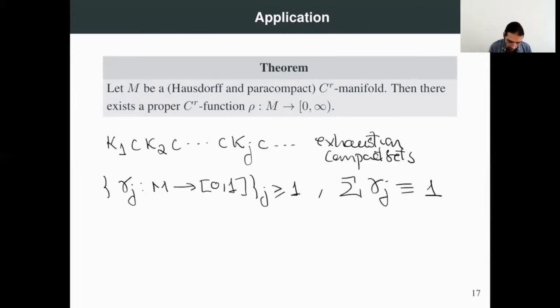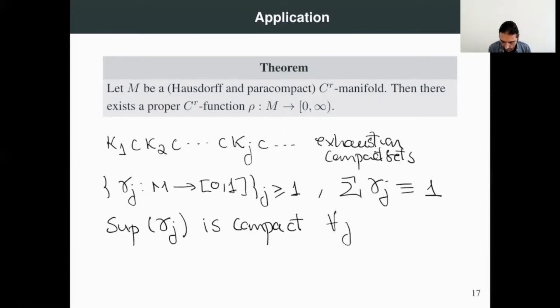But for instance, one of the things that we proved is that the support of any of these functions is a compact set for every j greater or equal than 1.